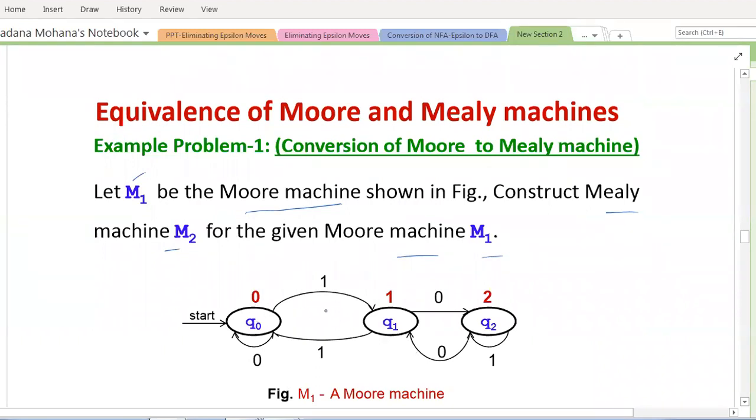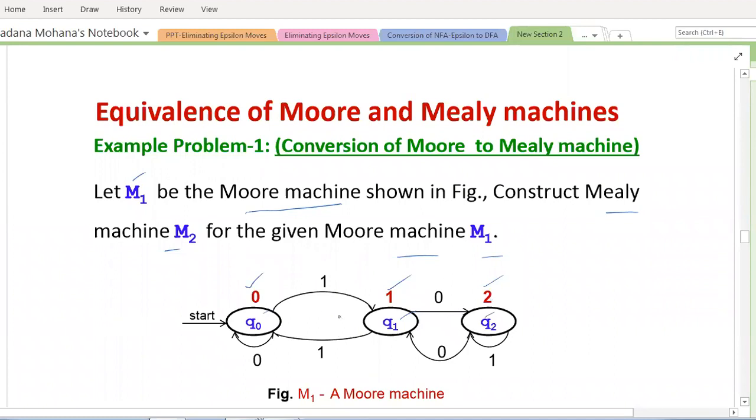How can we say this is a Moore machine? Here you can see for every state outputs are represented on top of the state, that is common outputs. Here you can see 0, 1 and 2 represented in red color. So 0, 1, 2 are the outputs of the states q0, q1, q2. For state q0 output is 0, for state q1 output is 1, for state q2 output is 2. Now the transitions as usual remain the same.